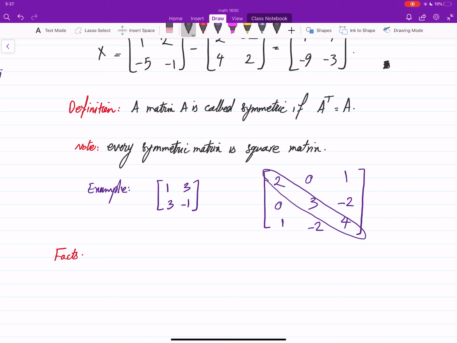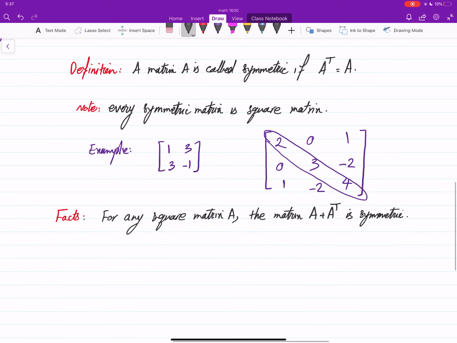If you have any square matrix A, you can make a symmetric matrix using this A. The matrix A plus A transpose is symmetric.